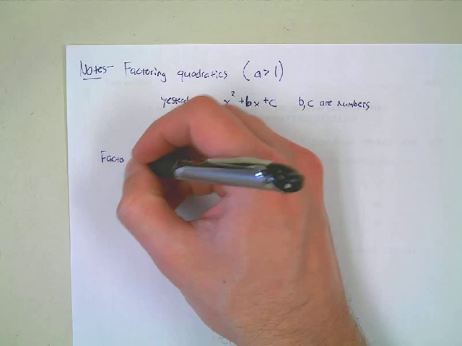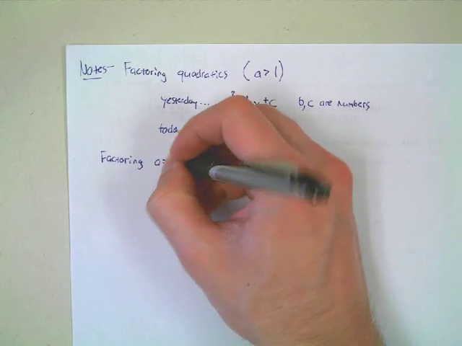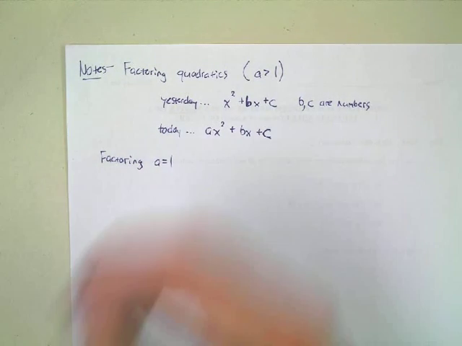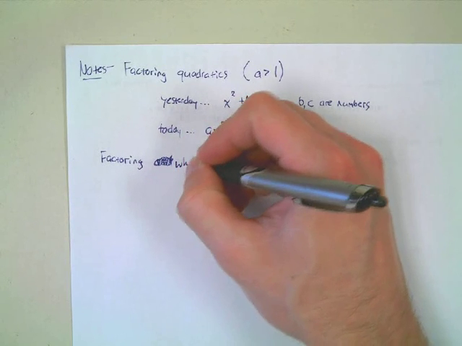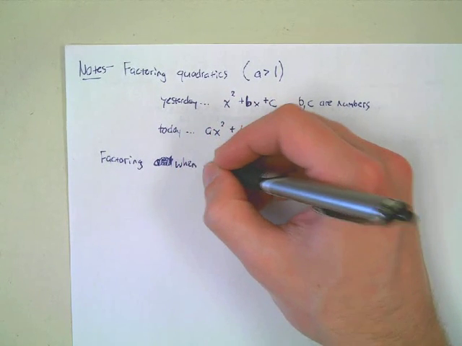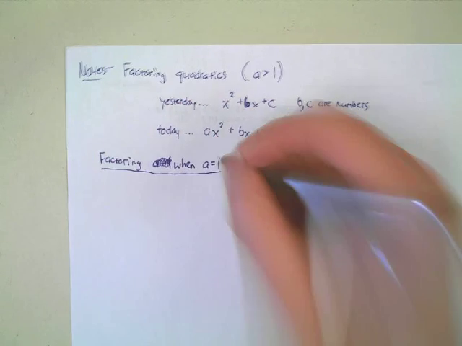So let's refresh our memory, just to make sure we're cool with it. So factoring when a equals 1. Actually, let me write that. So this is what we did yesterday.